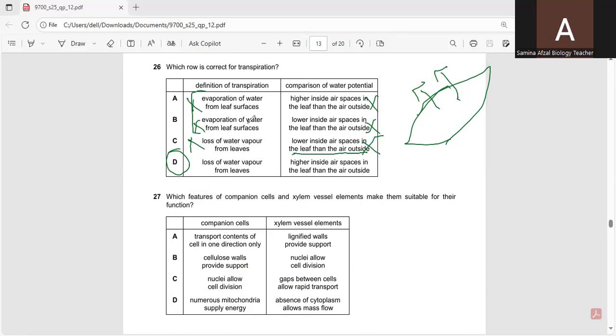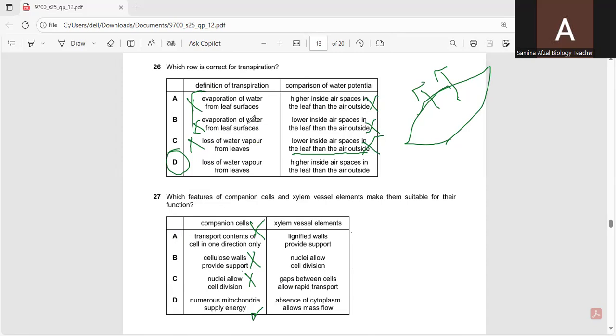This process requires a significant amount of energy, and energy is obtained from the mitochondria, which are found in the companion cells. So according to this: transport contents of cell in one direction only; cellulose walls provide support; nuclei allow cell division; numerous mitochondria supply energy. Yes.